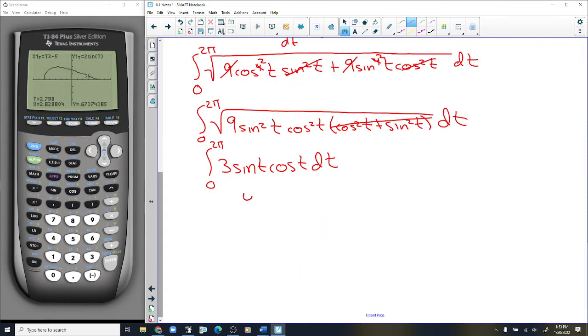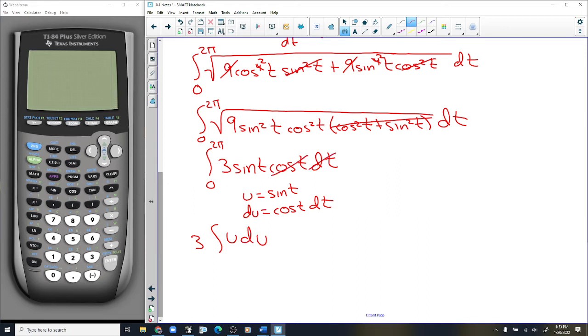Well, now we have u substitution. We're going to let u equal, I would let it equal sine of t. So du is cosine of t dt. Now we have this 3 out here. I'll just kind of pull that out here. Now it's the integral of u du, because cosine dt becomes du, sine of t just becomes u.